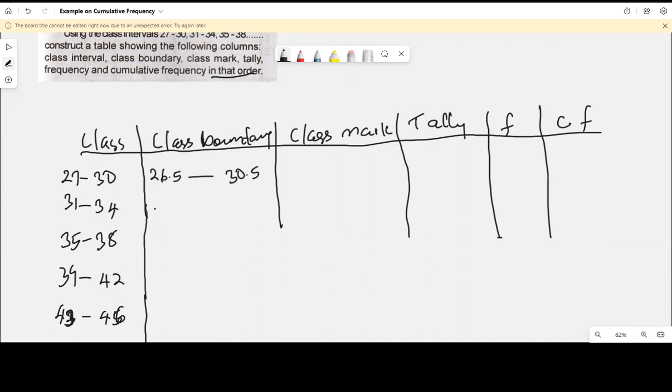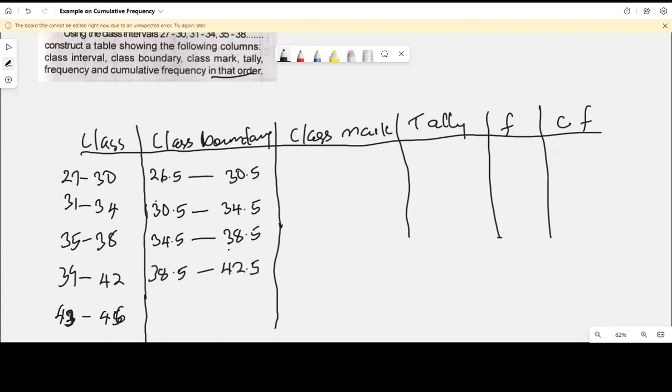So the next one here will be 30.5 to 34.5. Again, we decrease this by 1 and put 0.5, which will be 34.5 to 38.5, 38.5 to 42.5.